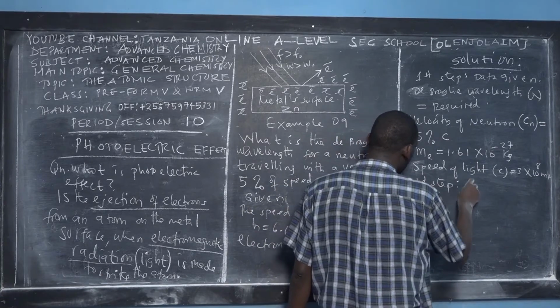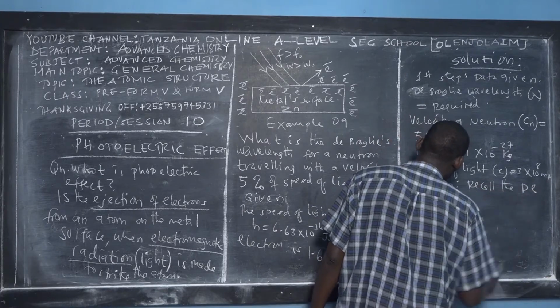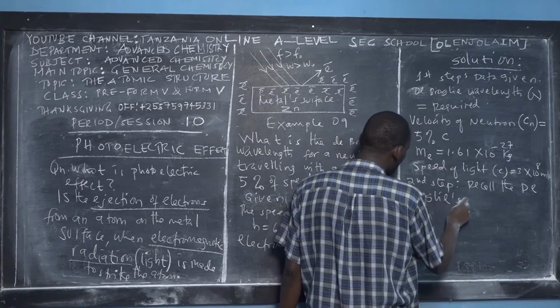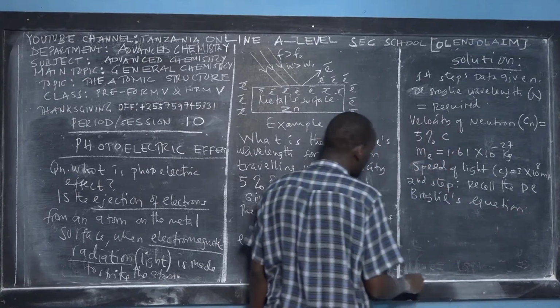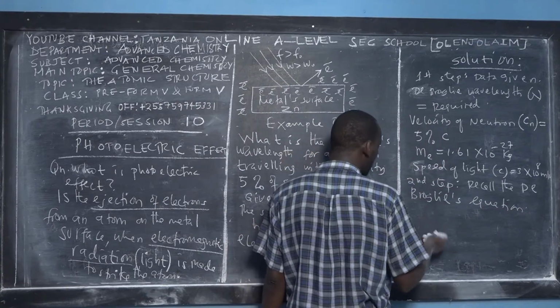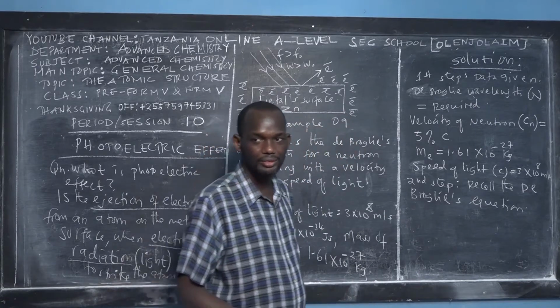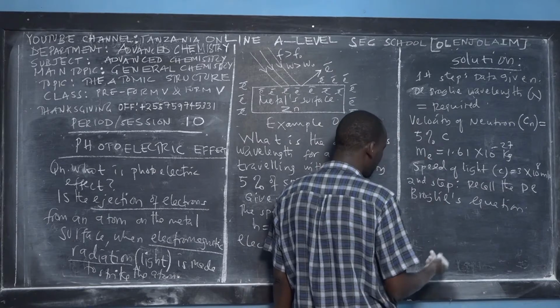Second stage, we have to recall the de Broglie's equation. You can recall or you can derive it. And the way that you derive it, there are two equations that you have to keep in your mind.